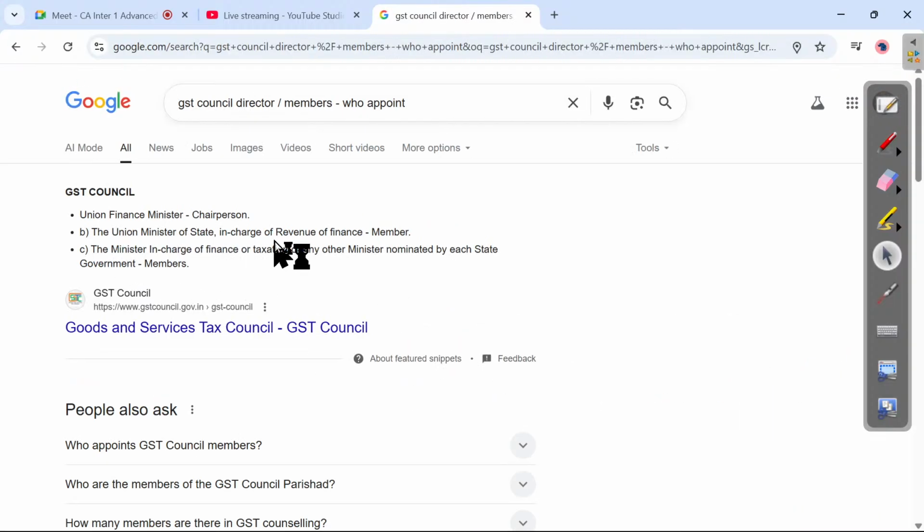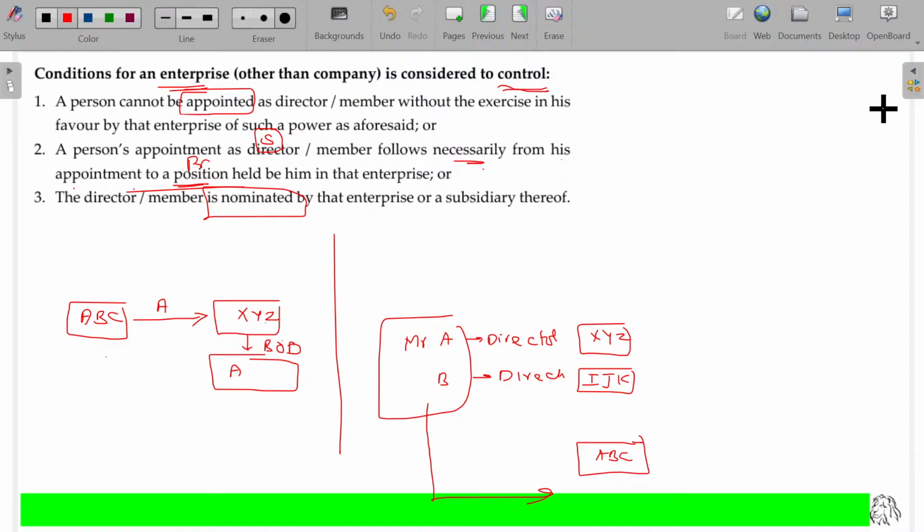Union Minister of State in charge of Revenue, and the Minister in charge of Finance or Taxation. So by default, if you are elected as a Union Minister of State, you become one of the members. The Union Finance Minister will be the chairperson. So it's not an appointment. Once you are elected and appointed Union Finance Minister, automatically you will be the GST Council's chairman. Clear? Hope now you will be able to understand this logic. So due to these reasons, you can control the other entity.